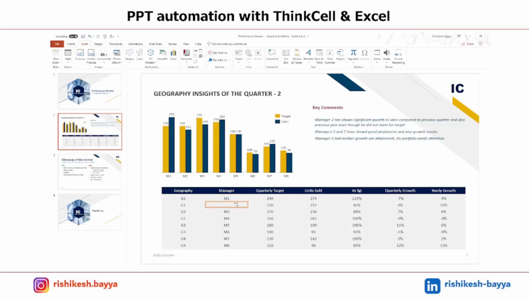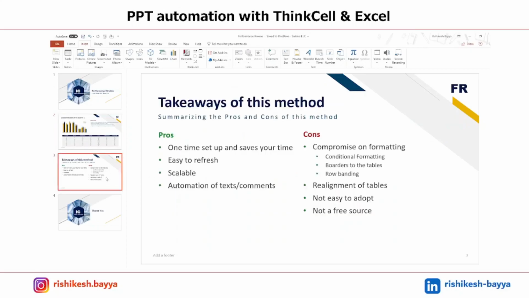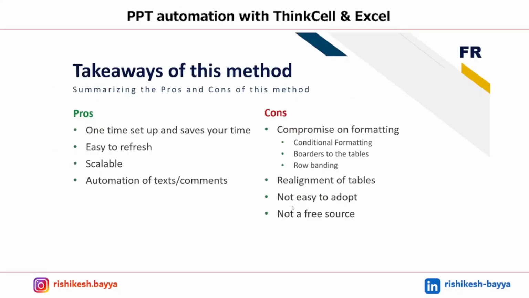But if the name is too big, right, what happens is the width of this column or maybe the height of the table gets misaligned. You might have to select everything again and realign the shape. And things like that you might have to do manually for a couple of slides. That is one of the issues. And the other thing is it's not easy to adopt for somebody.